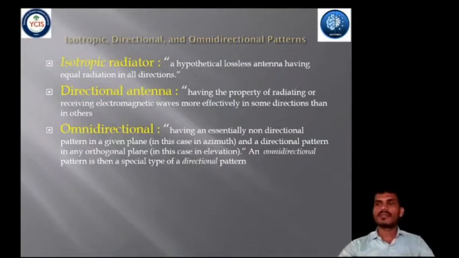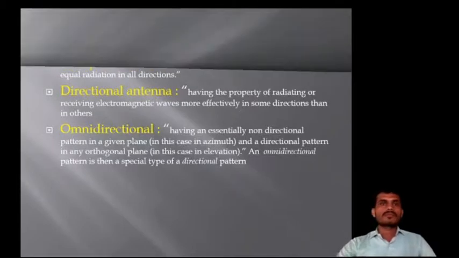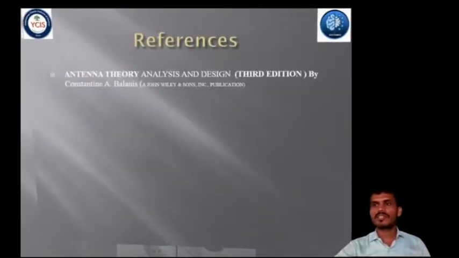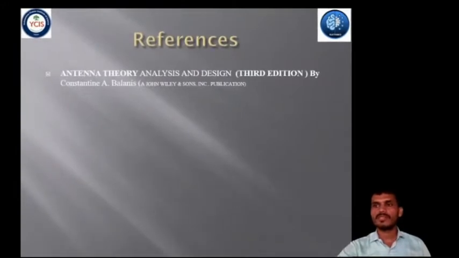Now a directional pattern is one having the property of radiating or receiving electromagnetic waves more effectively than others. Similarly, this is an example of the omnidirectional antenna pattern, shown in diagram 2.6.